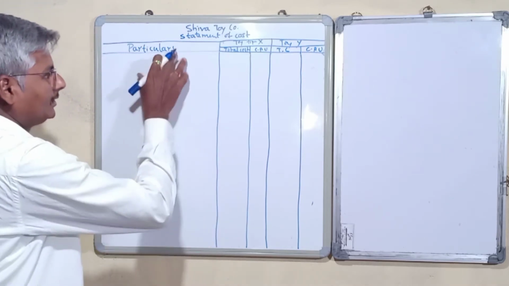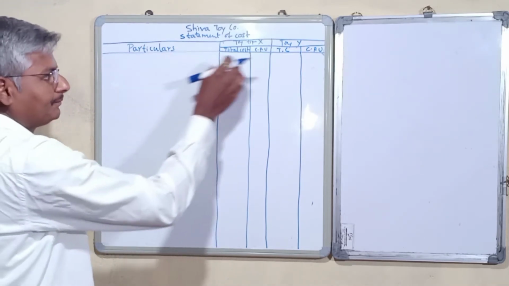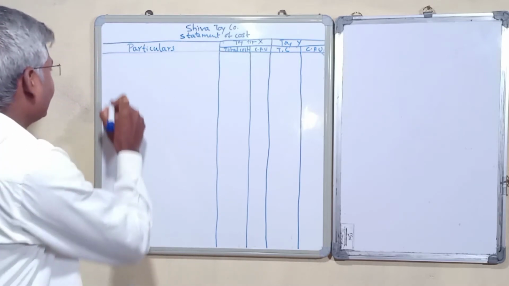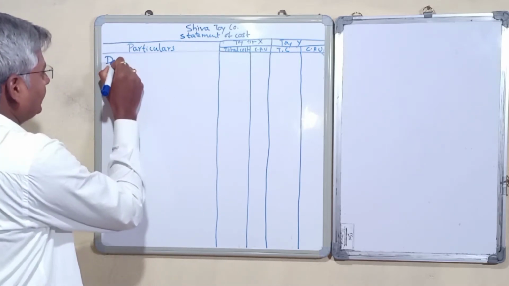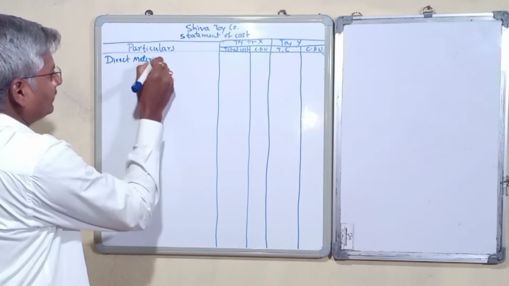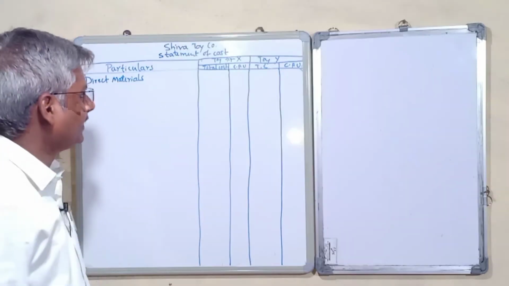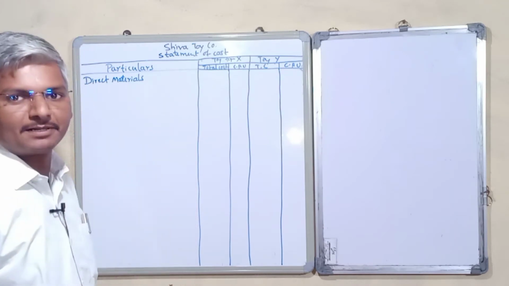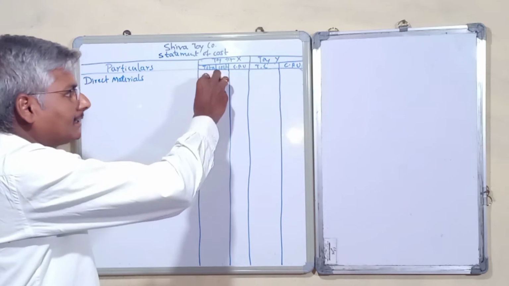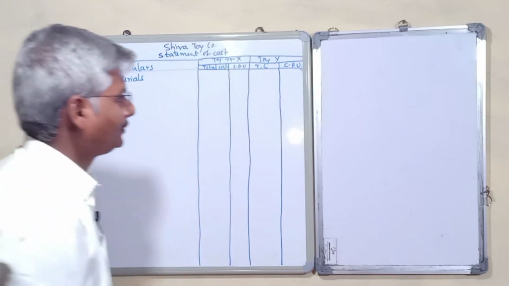So there are totally the particulars column. This is a particular cost sheet with direct materials. And they have given direct material for both toy type X and toy type Y, that is 2 lakhs.